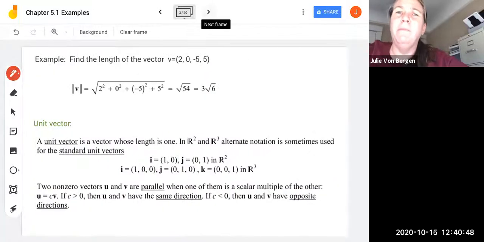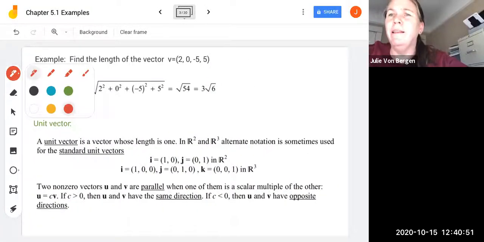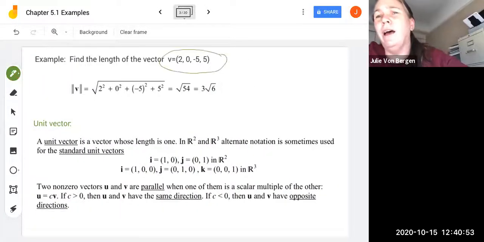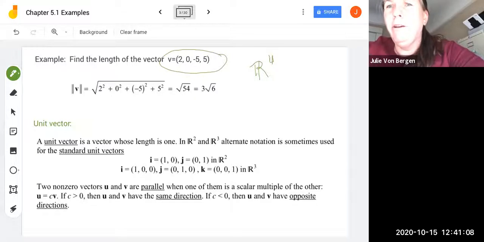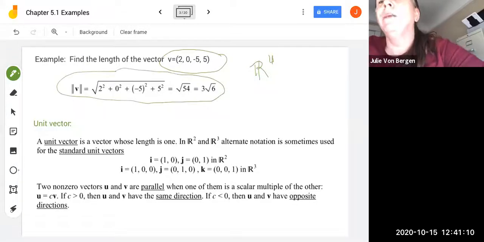Okay, let's take a look at an example. Here we're going to find the length of this vector v in R4. I can't draw it out for you because it's in 4 dimensions, but the components are 2, 0, -5, and 5. We're going to square each of those components, add them up, and square root that. So here's our calculation. 2 squared is 4, 0 squared gives us 0, -5 squared gives us 25, and 5 squared gives us also 25.